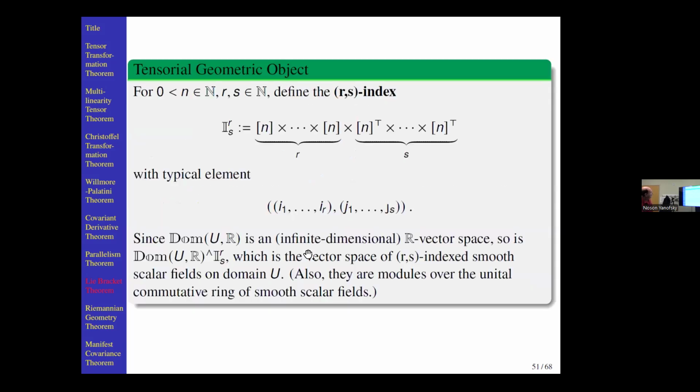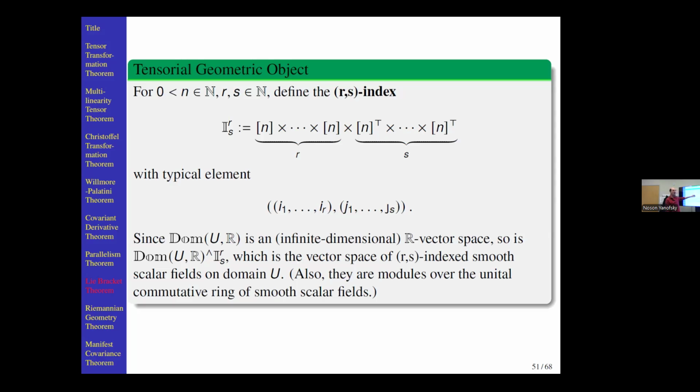A tensorial geometric object is a special case of a geometric object where we're working not just with vector spaces, but tensor spaces. I have a notation for the upper and lower indices, the capital I and the capital J. I call that bold I, and it's based on column notation, and I put a T there for transpose for the rows.